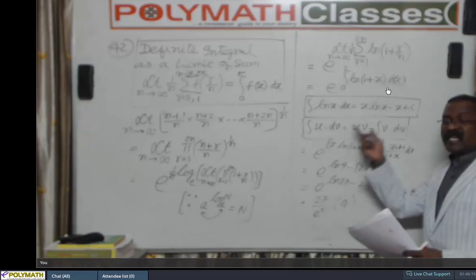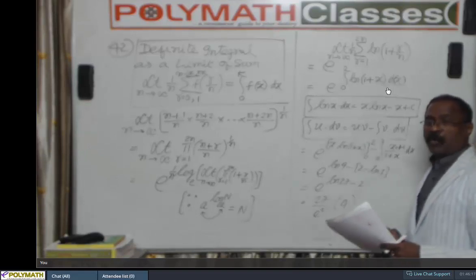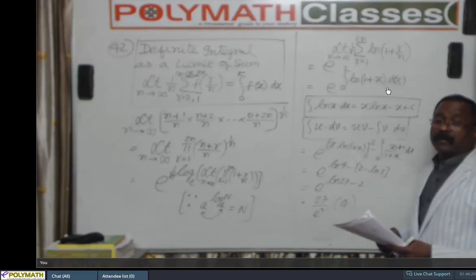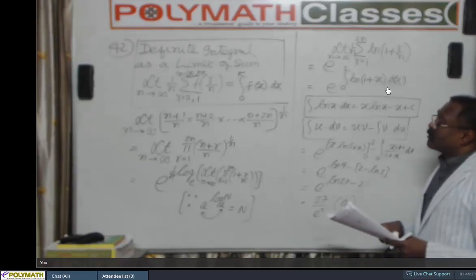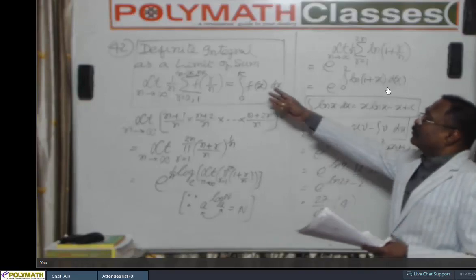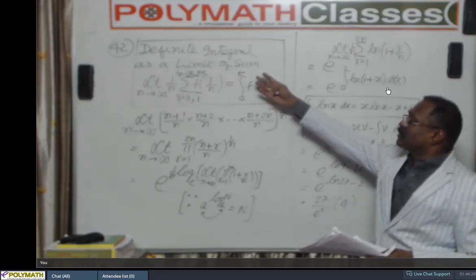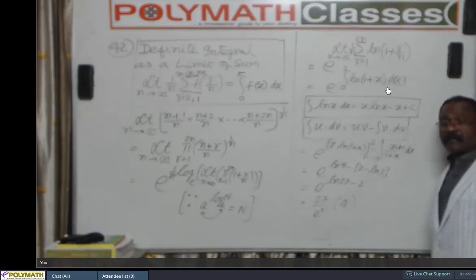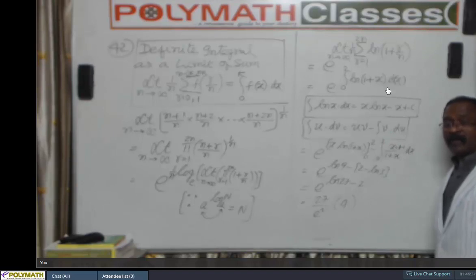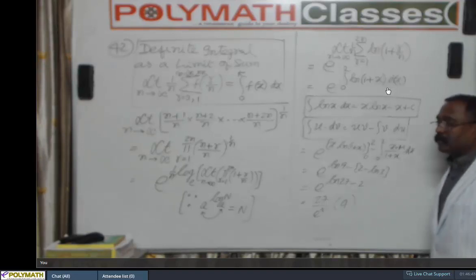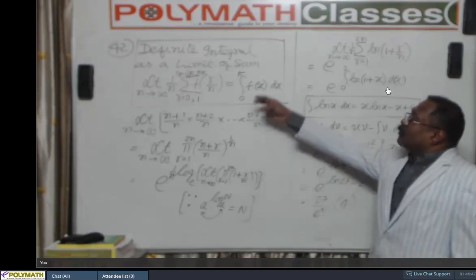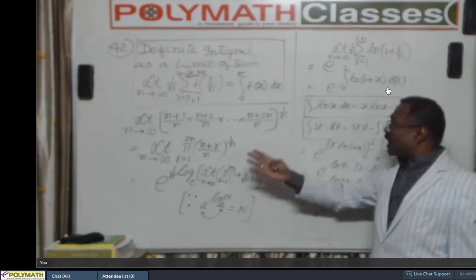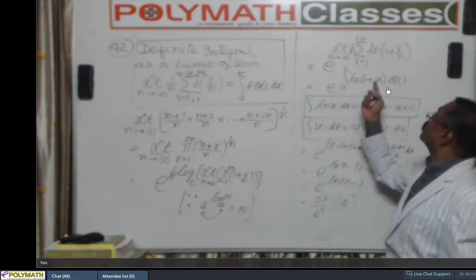So this much of working is there. You may be thinking, if it is given in the objectives, how can we work out this? You will have to make use of the definite integral concept to solve this limit, and you will have to skip some steps in between, direct steps. Otherwise, the time won't be sufficient. So at a glance, you have to get the idea of this formula, and thereby you can jump off to this directly.